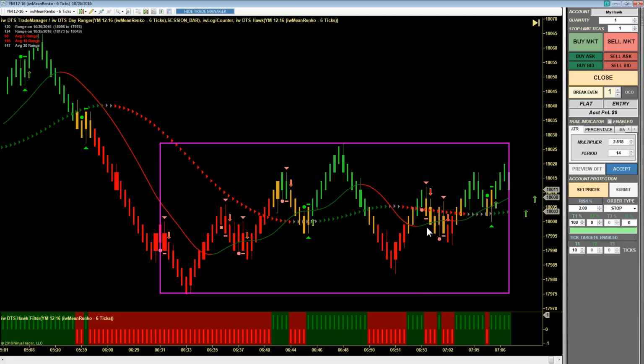If you think this range is big enough, you can always try to sell the highs and buy the lows, right? Because the buyers are all down here around the bottom third, bottom quarter. The sellers are all up here, and the middle is no man's land.